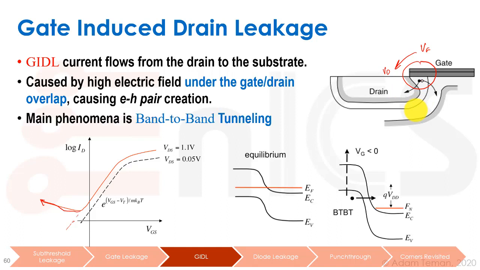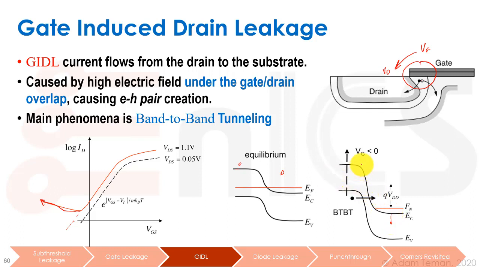Another option is what's called band-to-band tunneling. As we can see in our regular gate-to-drain band diagram, there is a drop here due to the difference in the two types of dopings. But once we put our drain voltage on here, we cause these bands to go much lower.